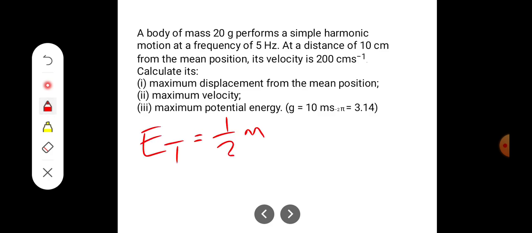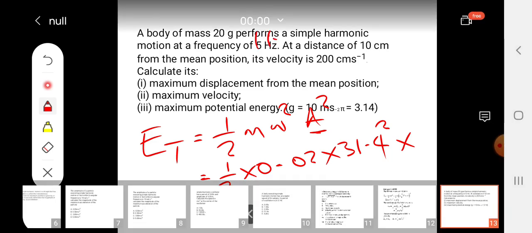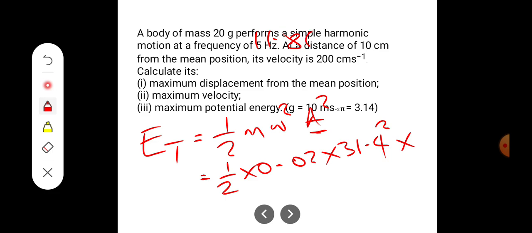That will be half m omega squared A squared. So half times m. Mass is 0.02, times omega, which we got to be 31.4 squared, times the amplitude. We got the amplitude to be 11.86, but this 11.86 is in centimeters, which of course we need to convert to meters.